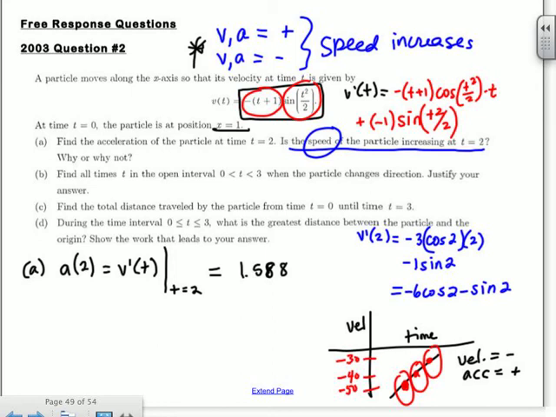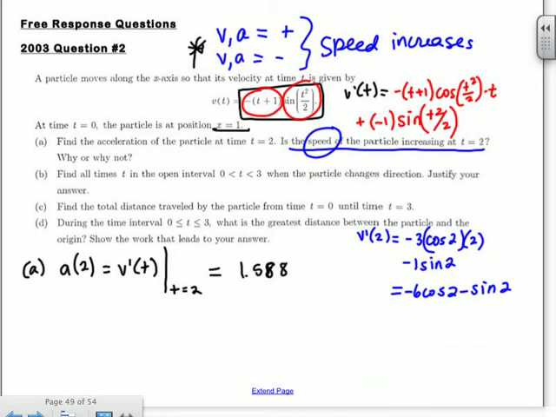All right, enough about that. So we need to explain what's happening. So we need to show whether the acceleration and the velocity at 2 have the same sign. So we need to find v of 2. So v of 2 is negative 2 plus 1 sine of 2 squared over 2. So it's negative 3 sine of 2, which is negative 2.728.